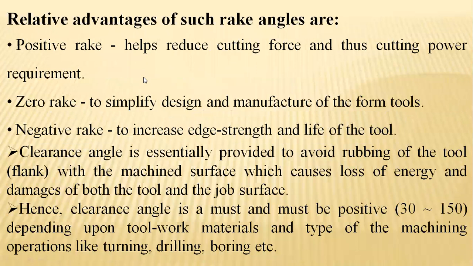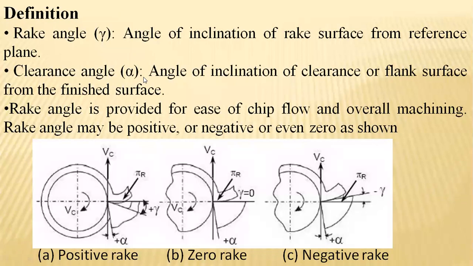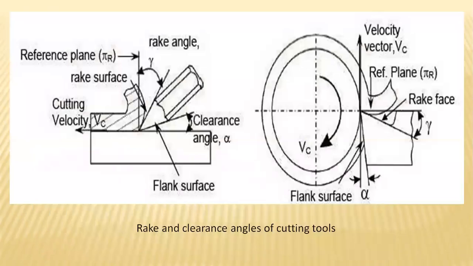Coming to the clearance angle, it's the inclination of the clearance or flank surface, the finished surface. So the reference here is the finished surface. So we'll be calling a clearance or finished surface, in the sense almost the machined area will be coming into the finished surface. See here, before finishing, the depth will be this.